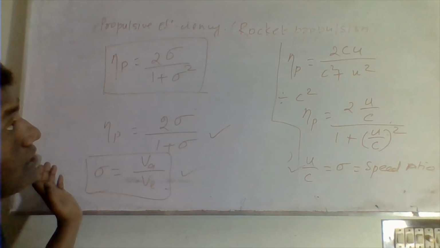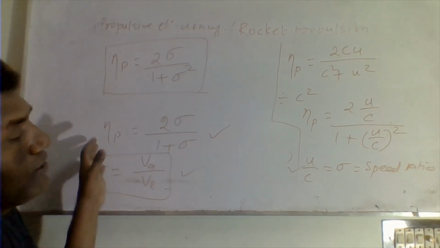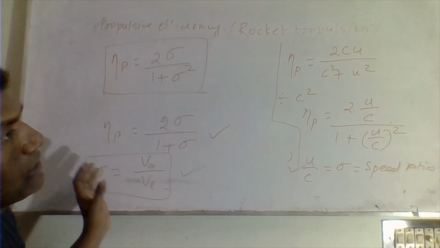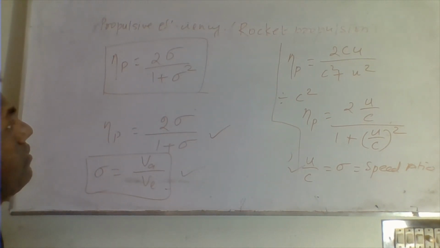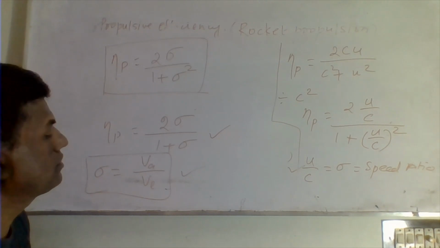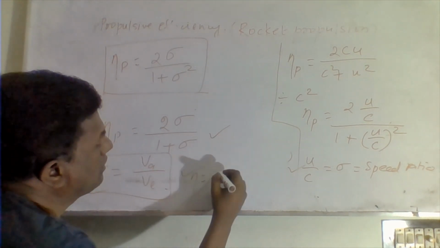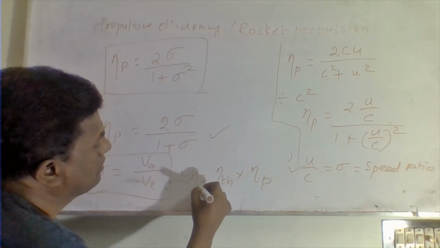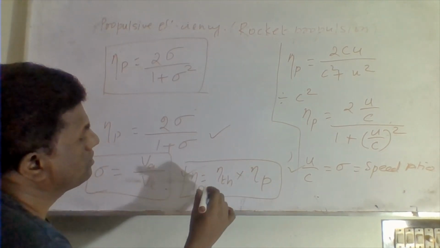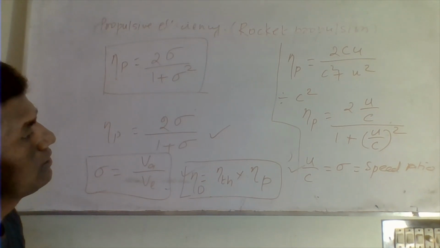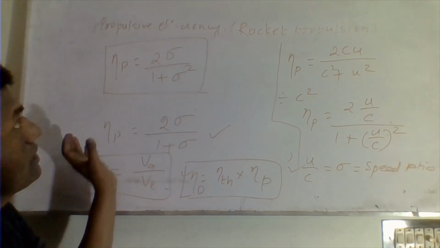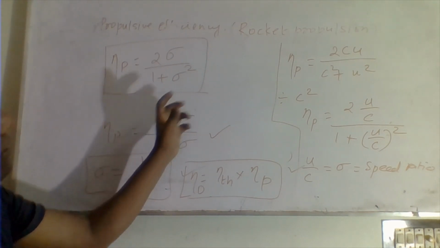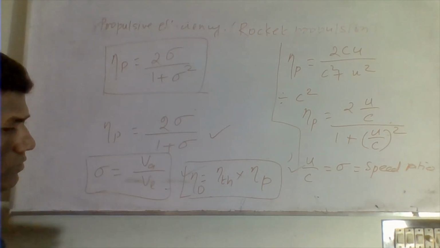And the overall efficiency is the product of thermal efficiency and propulsion efficiency. So this is what we say overall efficiency. This is about the efficiencies, especially the propulsion efficiencies in rocket propulsion and jet propulsion.